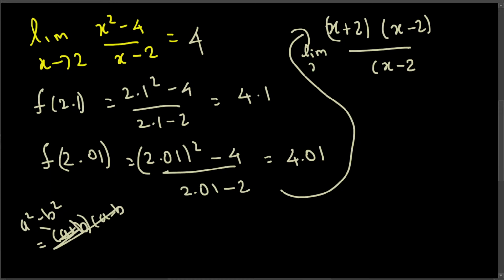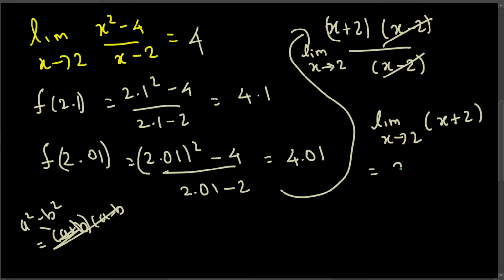So here we have to write limit x approaches 2, and then you can see we can cancel x minus 2. Therefore the limit as x approaches 2 of x plus 2. Now we can go ahead and substitute 2 for the x value. So that's going to be 2 plus 2, which is equal to 4. So we are getting the same answer. This is our final answer for this one.